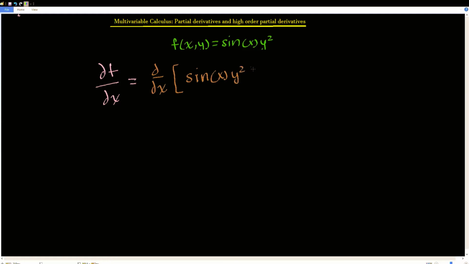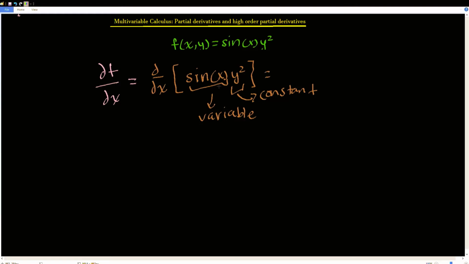It's our derivative of our problem, but since we're talking about partials, since this is with respect to x, we always treat any y in the equation as a constant. So here, let me show you. This is a constant right here. We treat this as a constant, and we treat this as a variable.